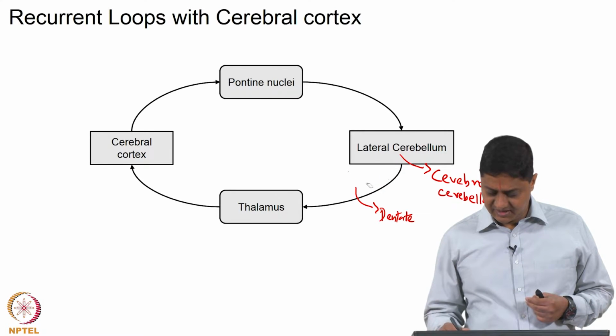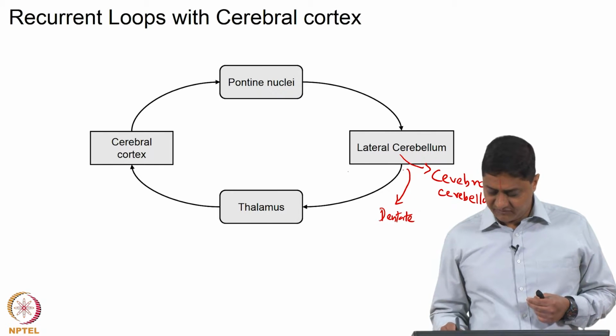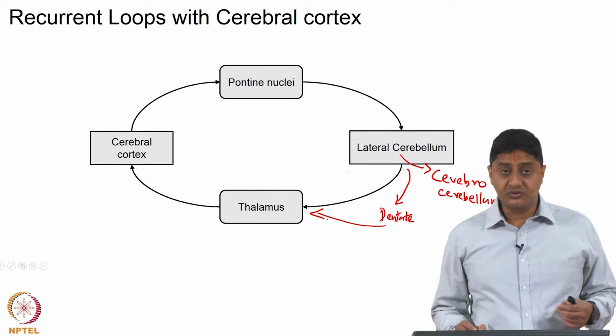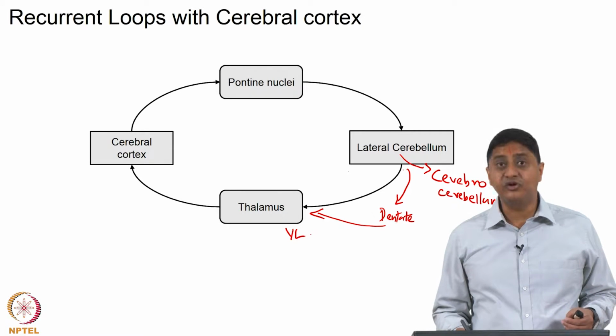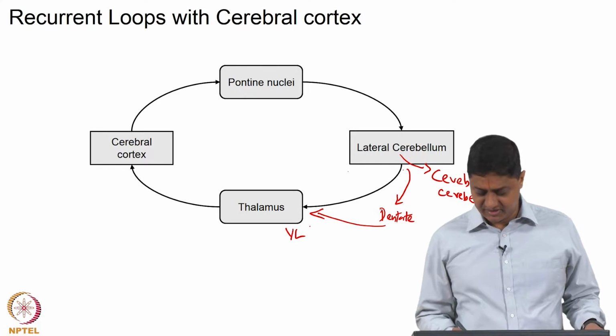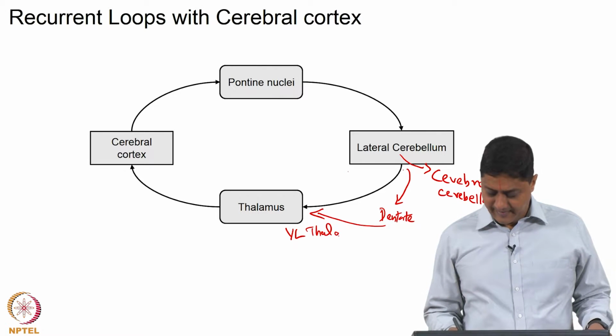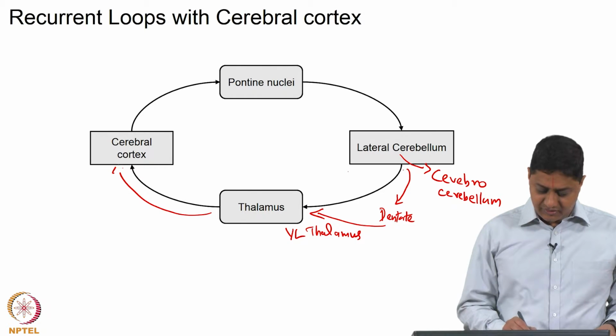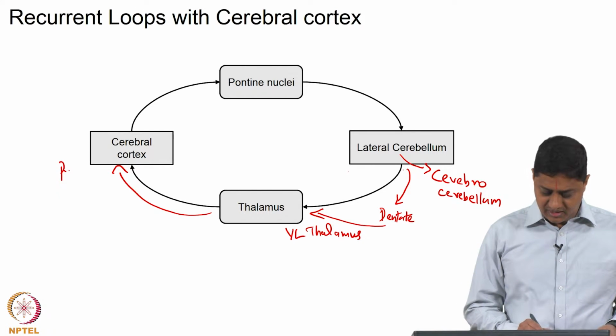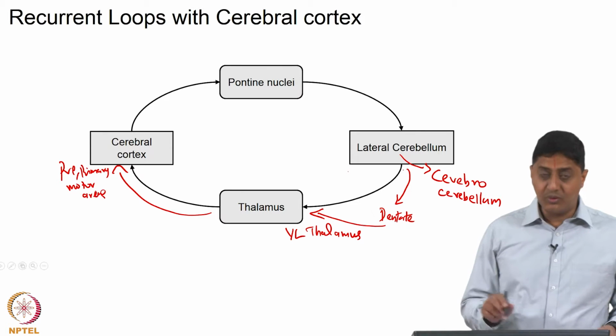From the lateral cerebellum projection is to the dentate nucleus, and from the dentate nucleus to the thalamus, more specifically to the ventrolateral nucleus of the thalamus. The thalamus then relays information back to the pre and primary motor areas, effectively completing a loop.